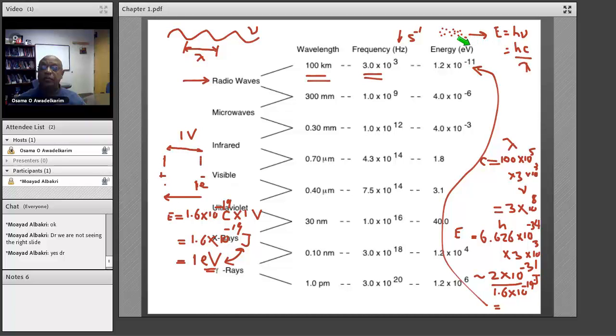So you see the energy is in electron volts. And this would be the unit of energy we're going to use throughout this course, because we're dealing with very small particles, with very small energies. We cannot work with joules. Joules are too large, too big. So we're going to work with electron volts.